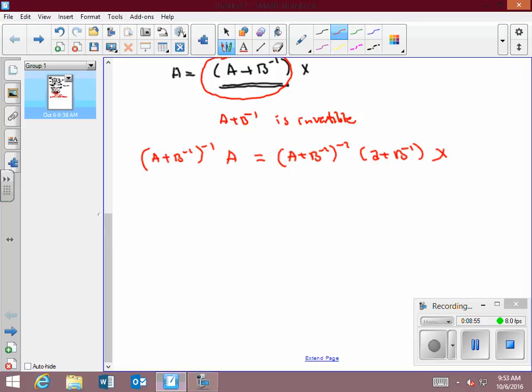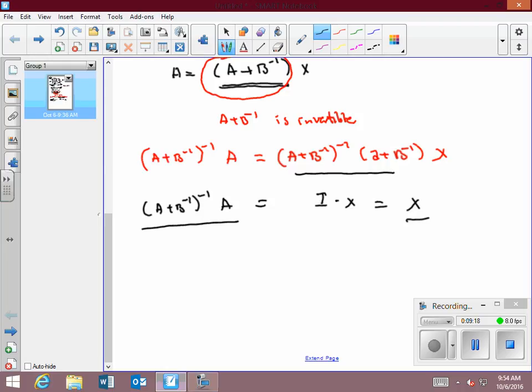And that makes this thing I times X, and then this is A plus B invert, the invert. Okay. So X then is equal to this, and we've shown what they wanted us to show.